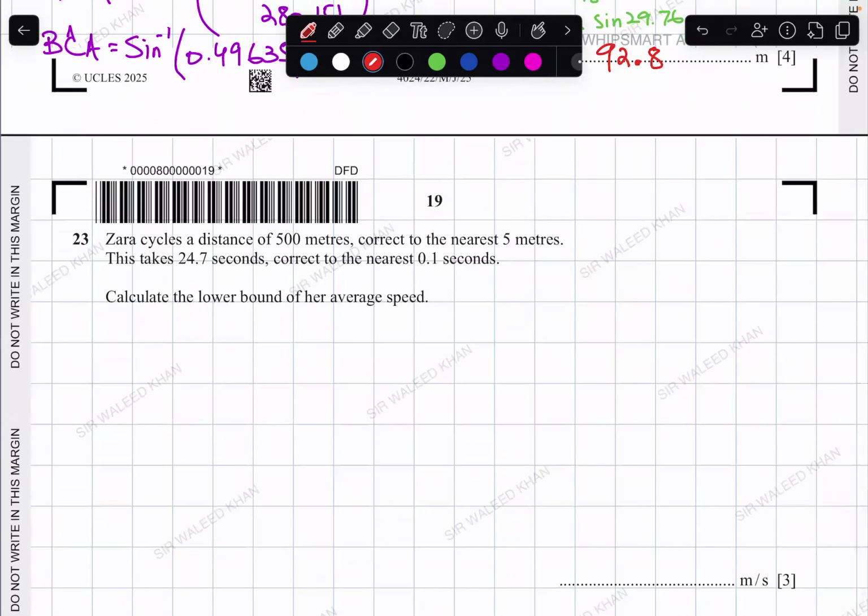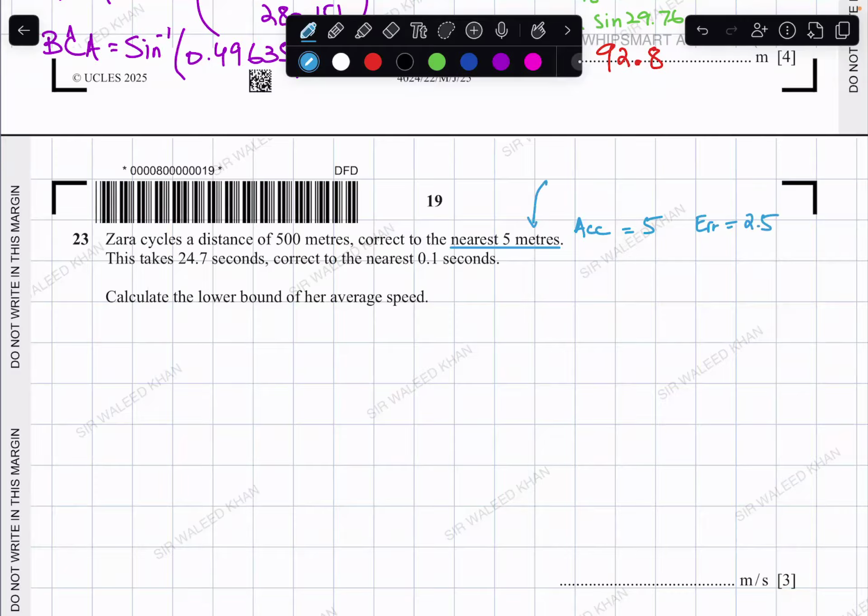Okay. Zara cycles a distance of 500 meters, correct to the nearest 5 meters. So we have a question for accuracy, bounds. So we have accuracy of 5 and error is 5 by 2, that is 2.5.